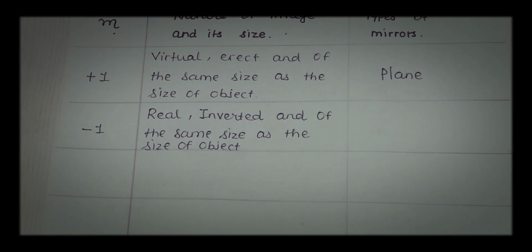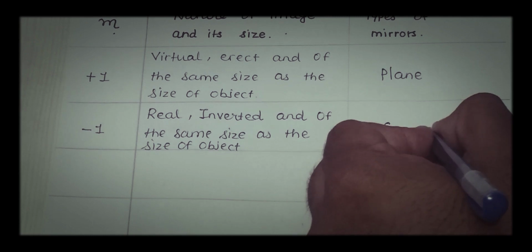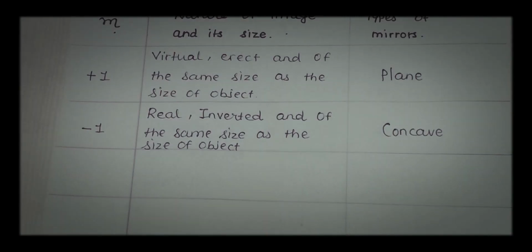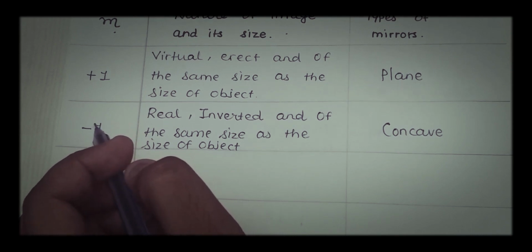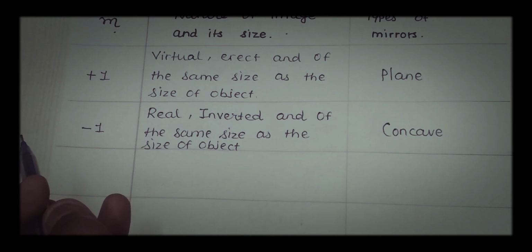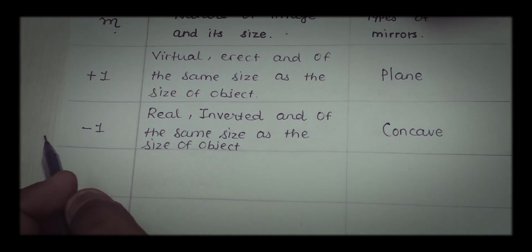In this case the type of mirror is concave, when we put the object at C. We know object height and image height are both the same, but the image is formed downward to the principal axis. So h dash is negative and h is positive. It means the magnitudes of h dash and h are equal, but we get a negative sign.